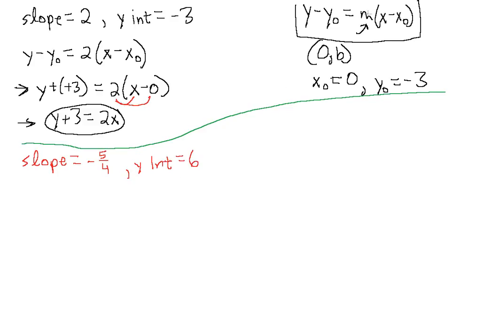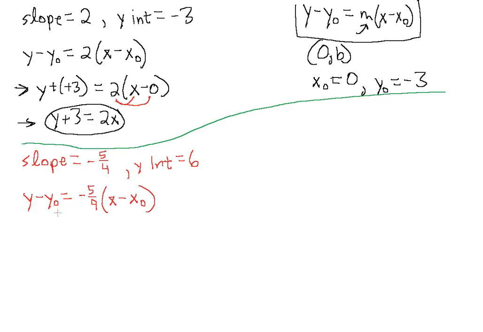Okay, we want to take the general form of point-slope form and apply it to the equation of this line. So let's start out by writing the form y minus y naught equals, let's plug in our slope, minus 5/4 times x minus x naught.